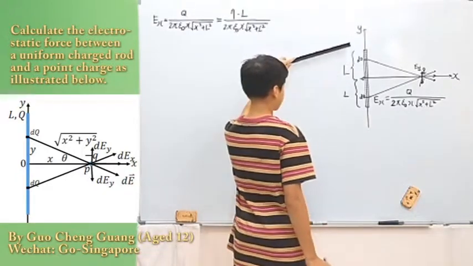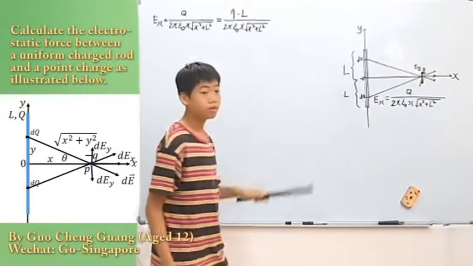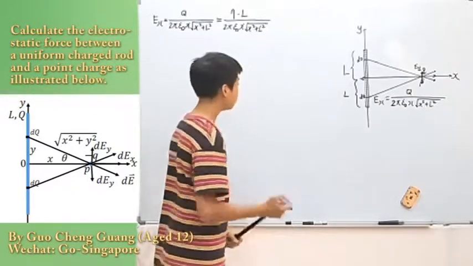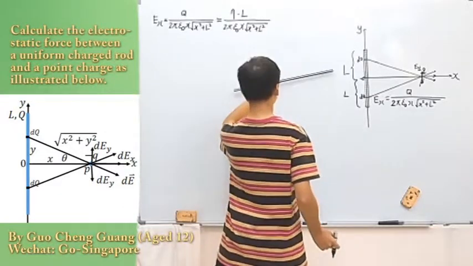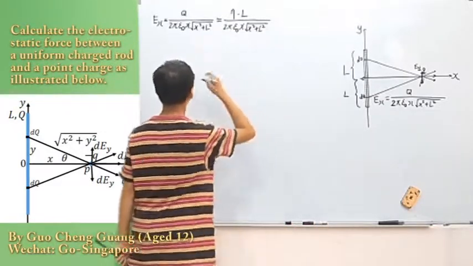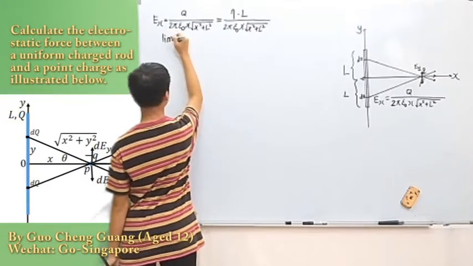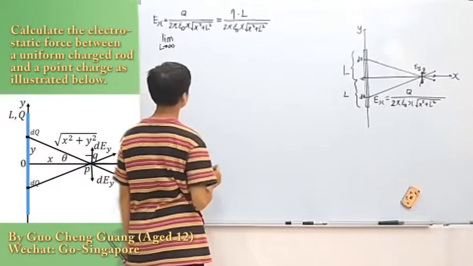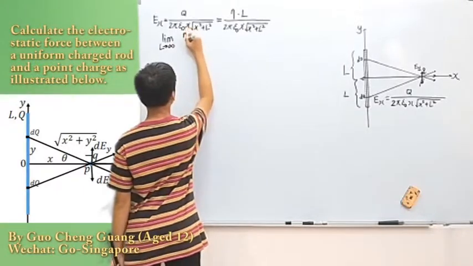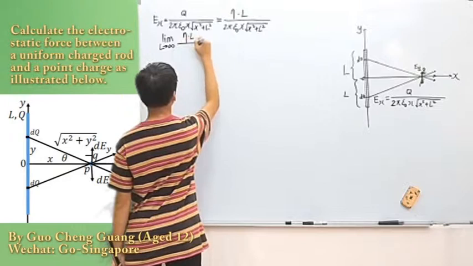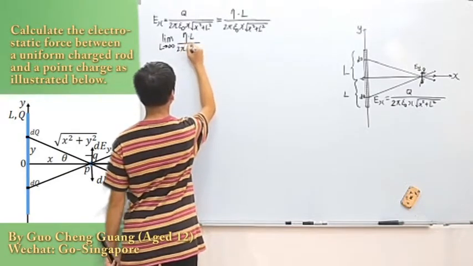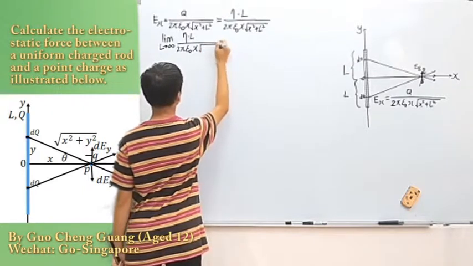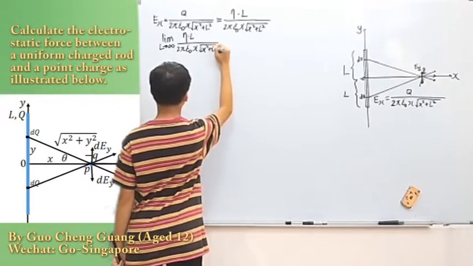Then for this length, what if we have infinite length? That means L approaches infinity. So the limit as L approaches infinity of eta times L over 2 pi epsilon naught x square root of x squared plus L squared.